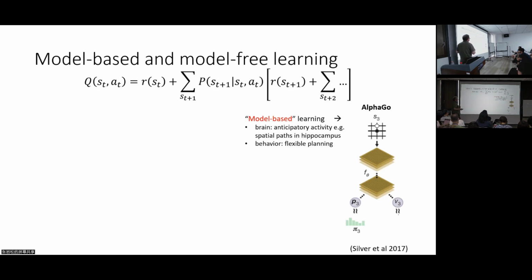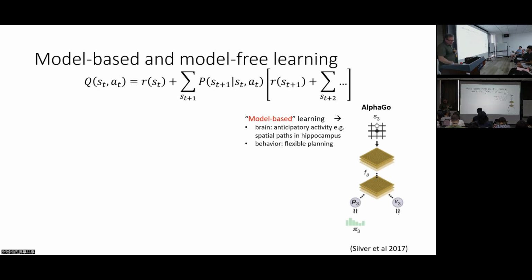That model-based learning, as I'll come back to, is associated in neuroscience with anticipatory activity about future situations. We'll talk about spatial paths in hippocampus a lot. And behaviorally, it's associated, and I think someone mentioned this last night, with flexible planning, or flexibility, the ability to figure out what to do, novel shortcuts, and so on.